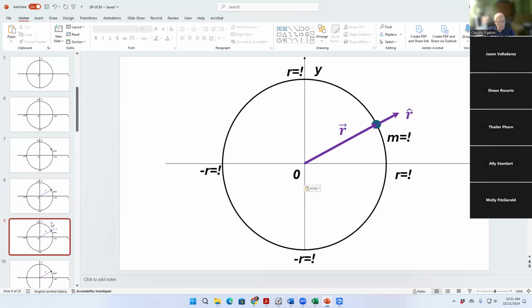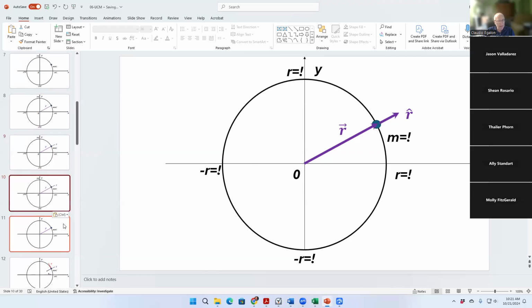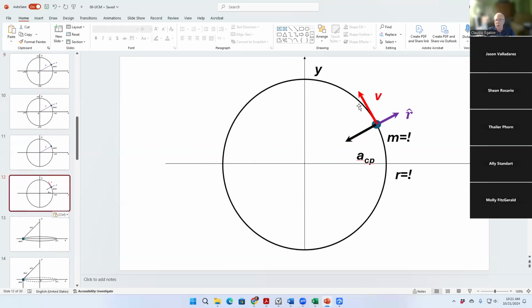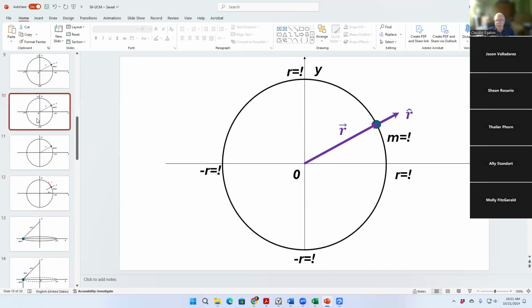And now from chapter 2, recall that the velocity vector will always be tangent to the path. Remember that? The unit vector always tangent to the path.